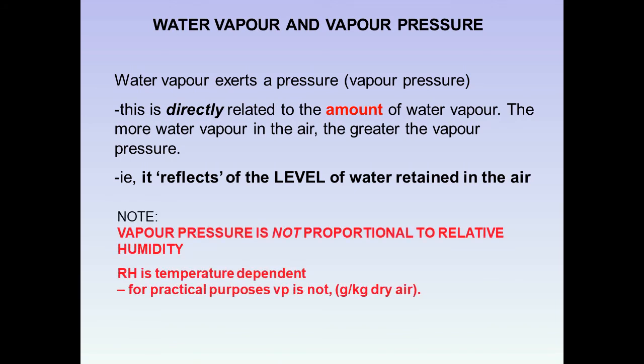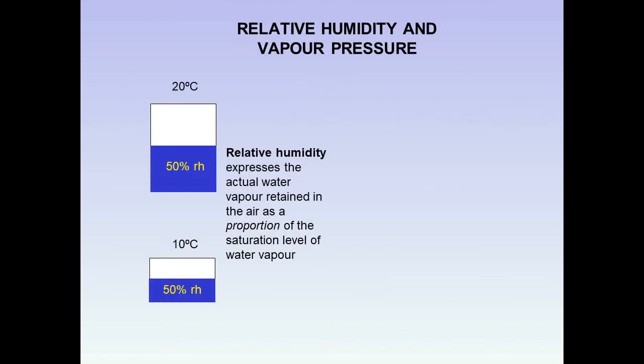Vapor pressure is not proportional to relative humidity. Why? Because relative humidity is temperature dependent. Therefore, for practical purposes, vapor pressure is not. It's measured as grams per kilogram of dry air. So, if we look at these together, on the left we have our example of relative humidity as a proportion.